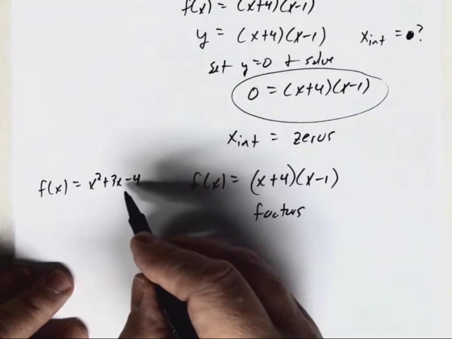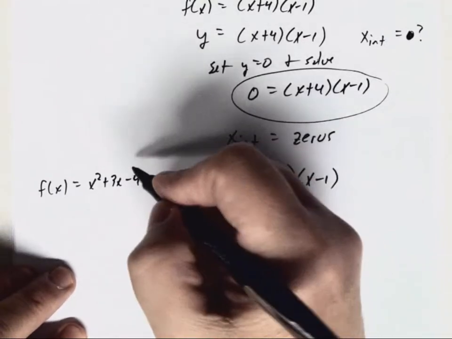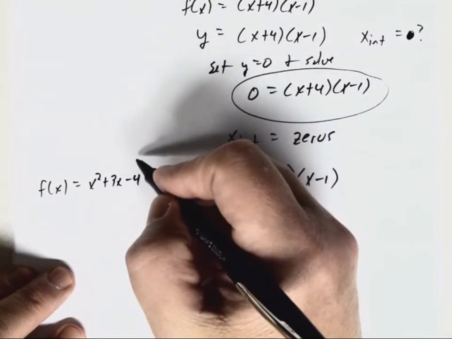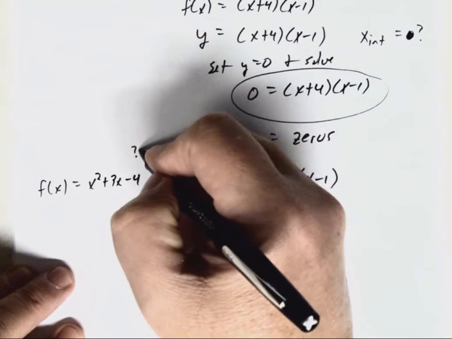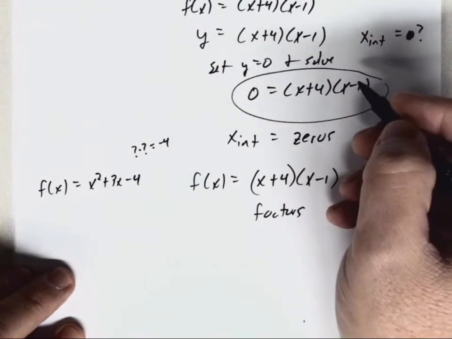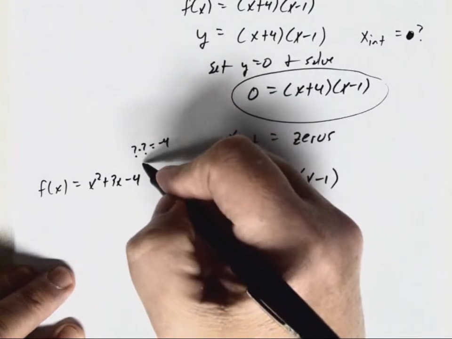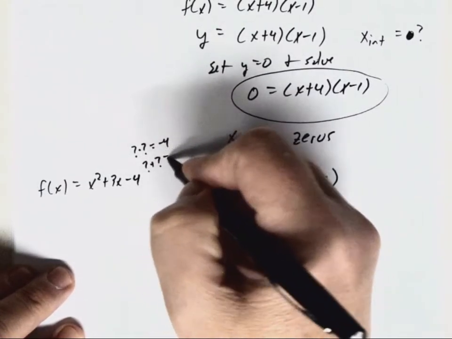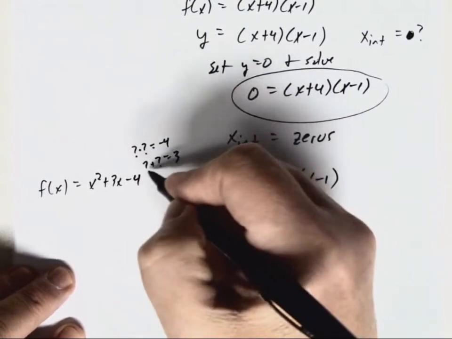I said we're going to factor this. Remember I said, what are the 2 numbers that multiplied together equal -4, but then the same 2 numbers, when I add them together, have to equal 3.